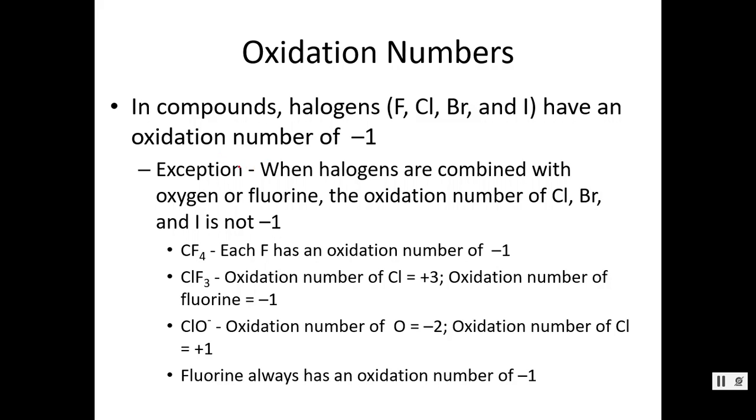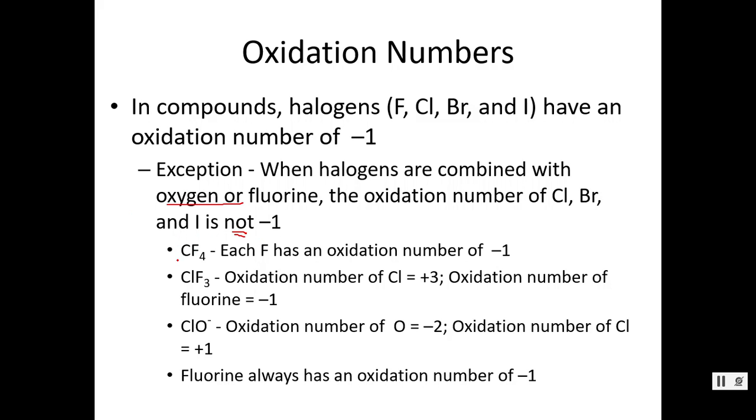However, if halogens are combined with oxygen or fluorine, then the oxidation number of chlorine, bromine, and iodine is not -1, and you use your rule that the overall charge of a molecule is 0 to determine the oxidation number of that species.